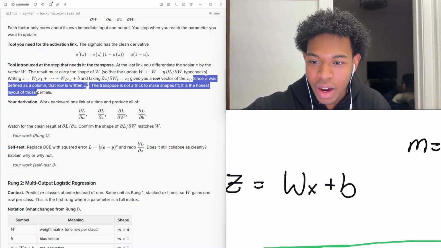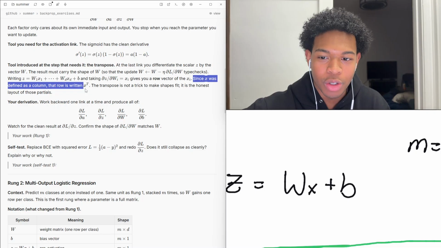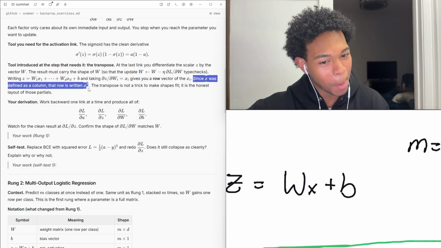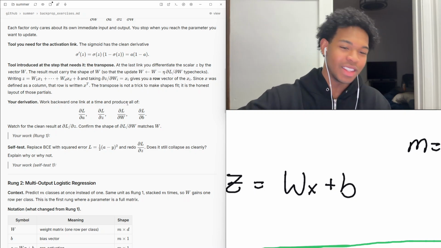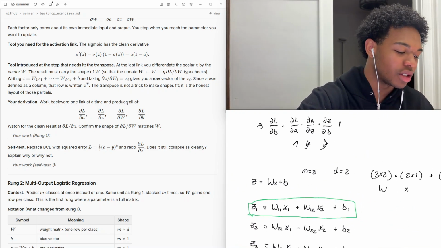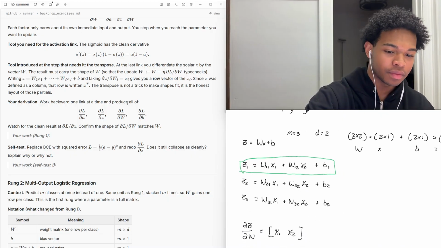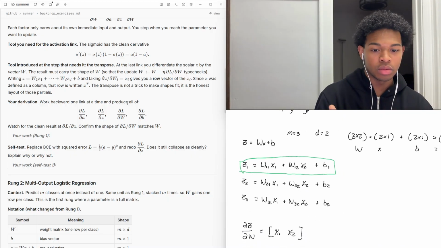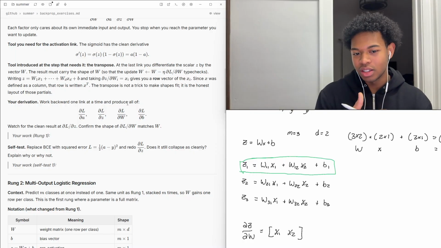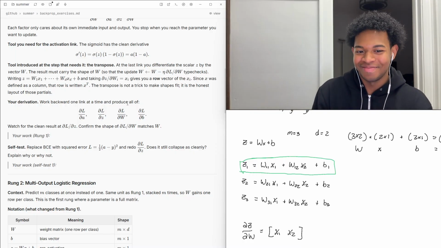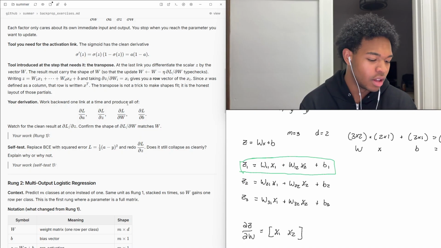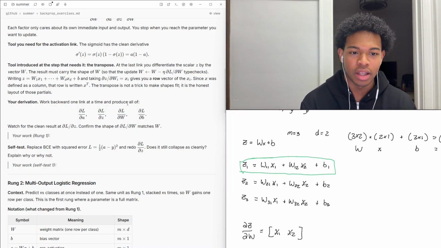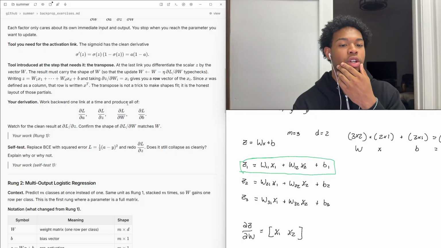Since X was defined as a column, that row is written as X transpose. I think I can accept this. X was defined as a column, and now we have a row because we read left to right. So it's equivalent to X transpose.